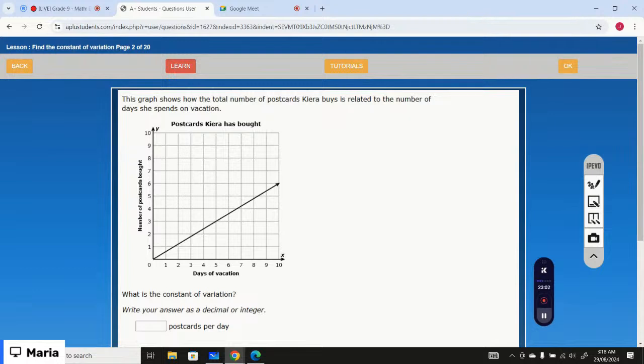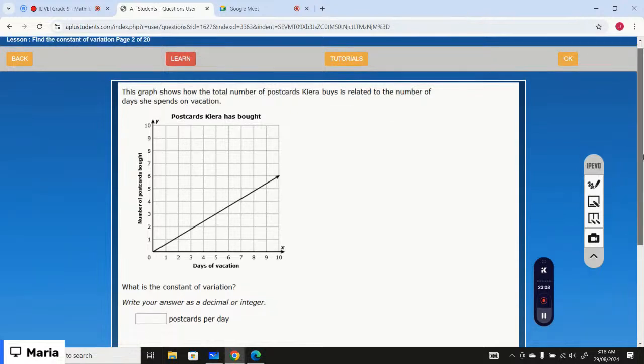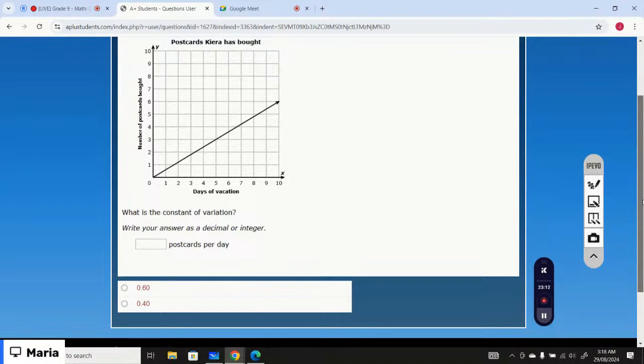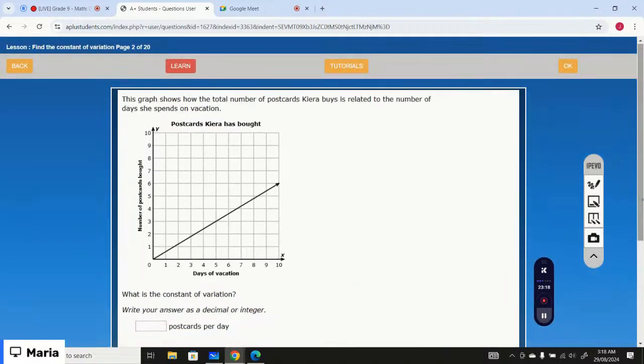So the correct option is that is 0.60. Option number 1 is the correct option, right? 0.60 is the correct option.